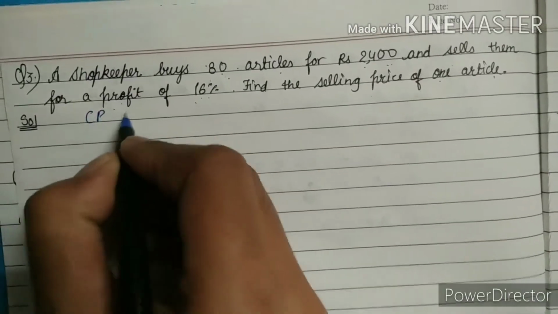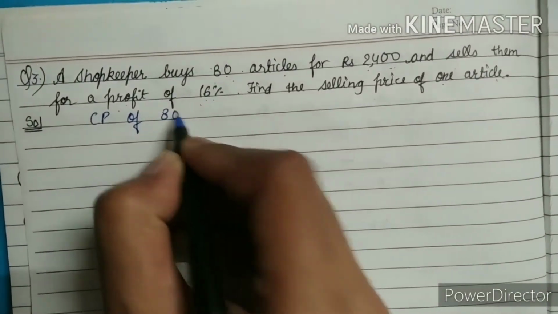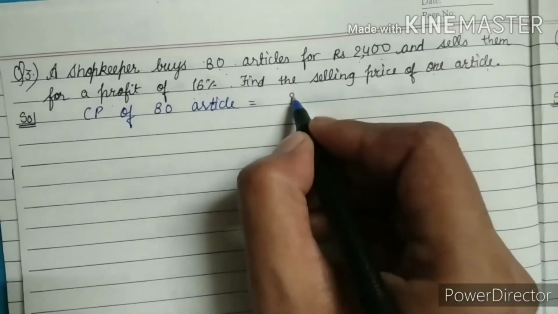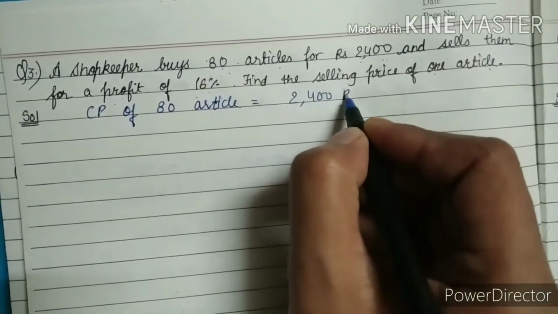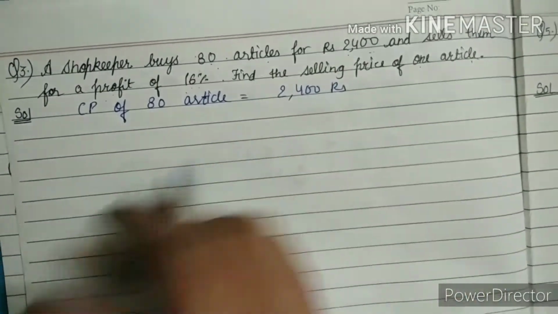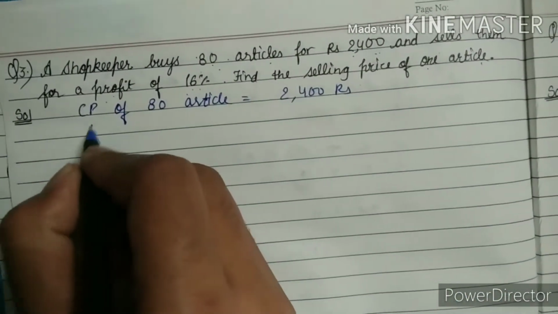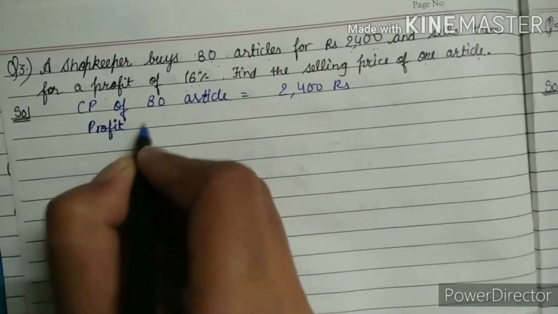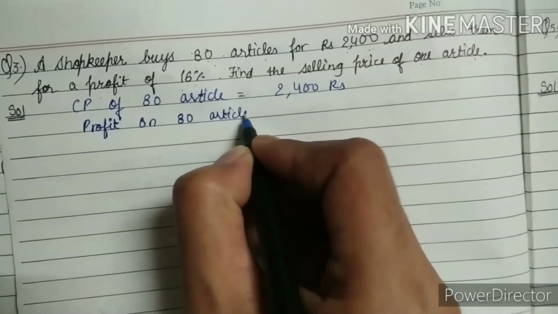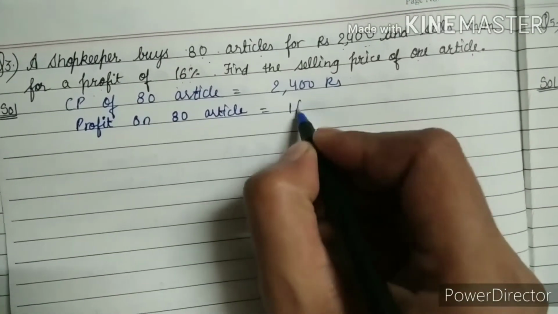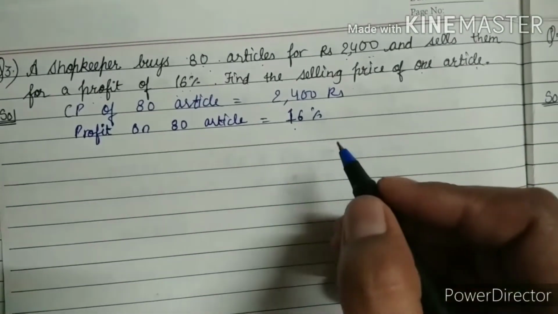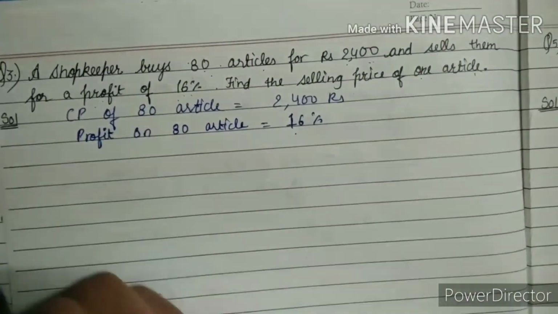So the cost price of 80 articles, that you can easily see, is 2,400 rupees. Now on 2,400 we will get profit. So the profit on 80 articles is 16%. And profit and loss is always on the cost price.